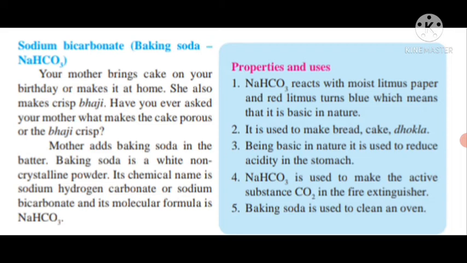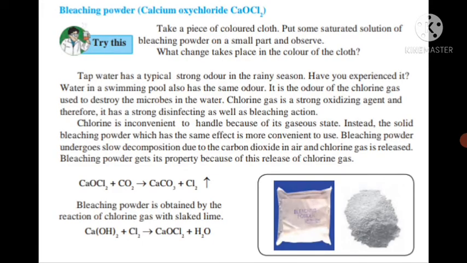This chlorine gas is a strong oxidizing agent, and therefore it has a strong disinfecting as well as bleaching action. So this chlorine is inconvenient to handle because it is in a gaseous state.